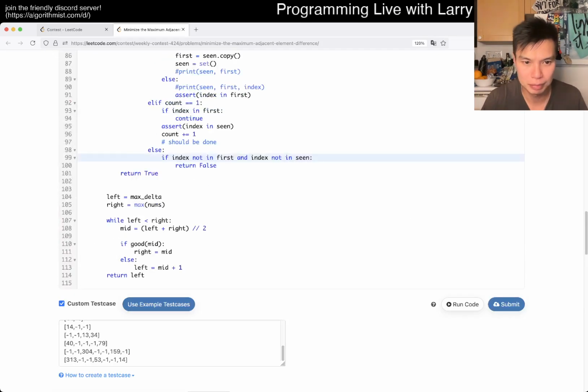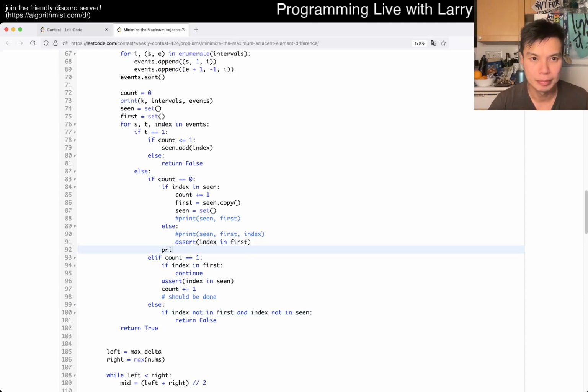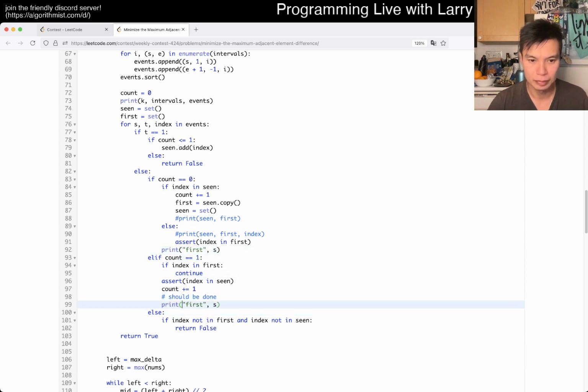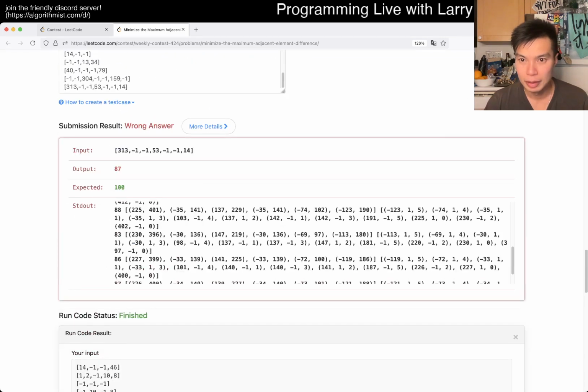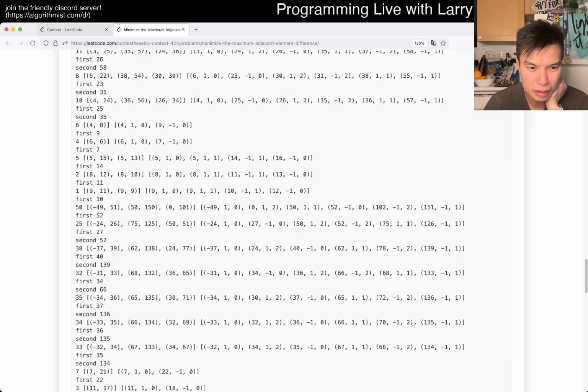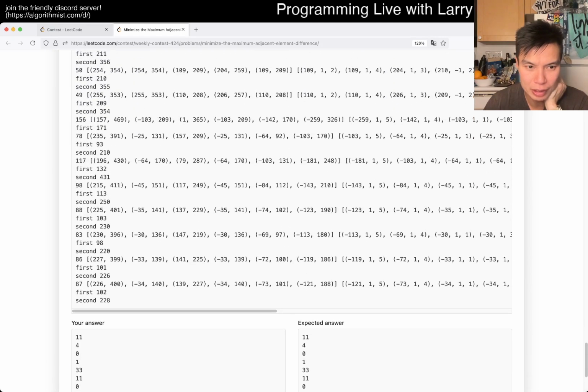Alright, let's just print that out. Okay, so we have a 98. So first is 113, second is 250, and then it returns true.